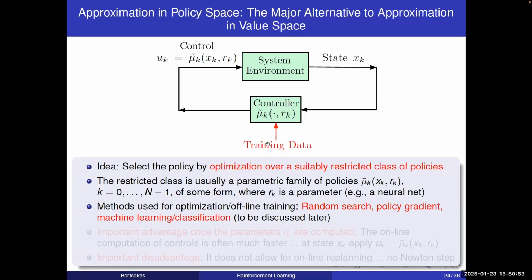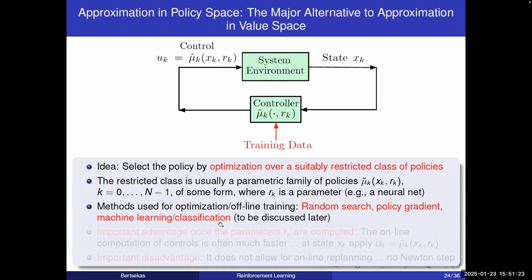Given the current parameter value, we compute the gradient of this least squares cost and modify the parameter in the direction that reduces the least squares cost. This is the policy gradient method. It can also be a machine learning or classification type of method, which we will discuss in a later lecture.